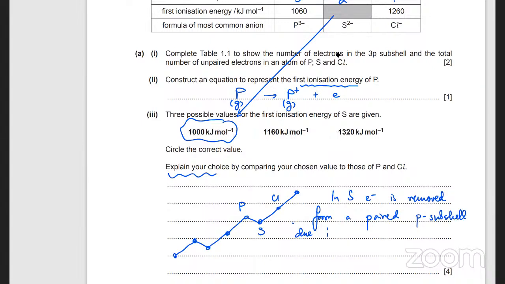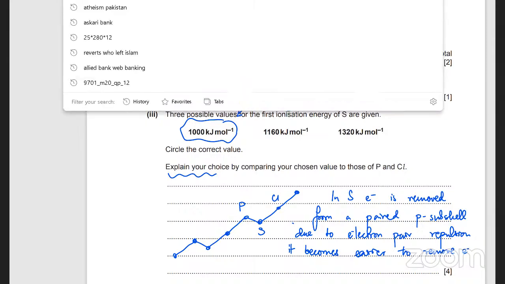So due to electron repulsion, or electron pair repulsion, it becomes easier to remove electrons. ठीक है, क्लियर है? जी. अच्छा, और इसका ना वो देख लेते हैं कि mark scheme because it's 4 marks, right?